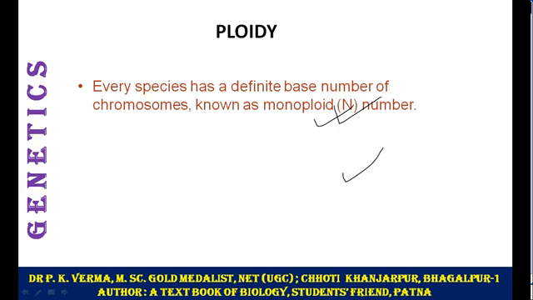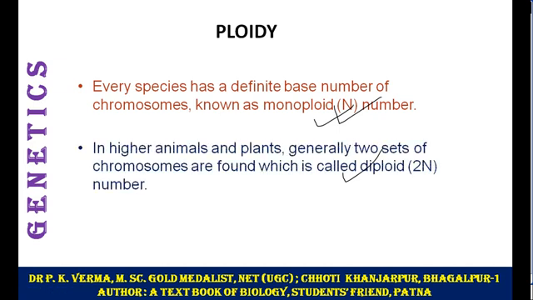Lower organisms, mainly in the plant kingdom, Protista also, are haploid or monoploid. In higher animals and plants, two sets of chromosomes are there and it is called diploid. Now, if the number changes to 3n, 4n, 5n, 6n, it will be called triploid, tetraploid, pentaploid, hexaploid, etc.